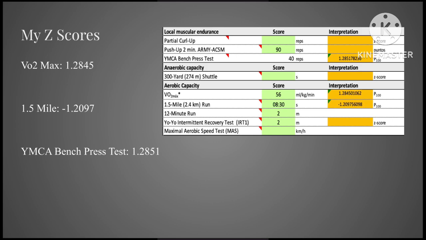The way that you would find your z-score is by taking the number that you have finished a test with. As an example, if you have done a YMCA bench press test, for me, I got 40 reps. You would take that number and subtract the mean.